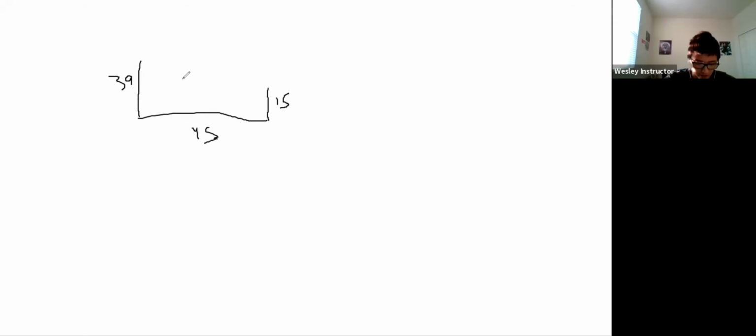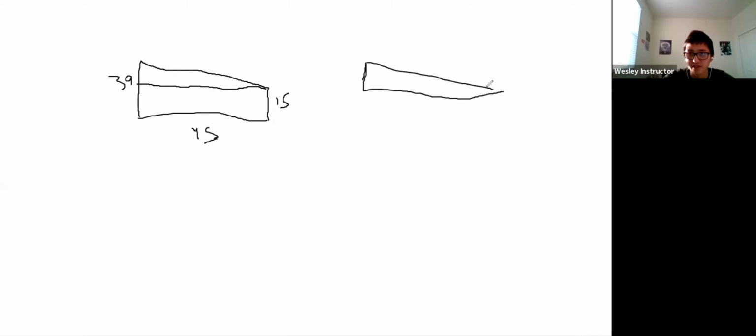Okay, and it's flat, so it is flat between the two poles. And what is the length of the shortest rope that can be used to connect the tops of the two poles? So I want to draw a line from the top of this pole to the top of this pole. So I have a trapezoid here, but if I draw a line across here, I make a triangle, and that's all I need to find the length.